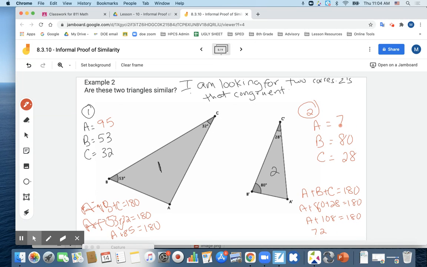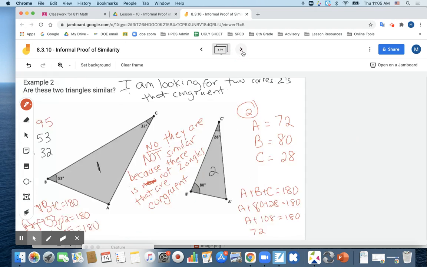So no, these two triangles are not similar, because I couldn't find two corresponding angles that were congruent. All these numbers are different because there are not two angles that are congruent. So the answer for number 2 is no, they are not similar.